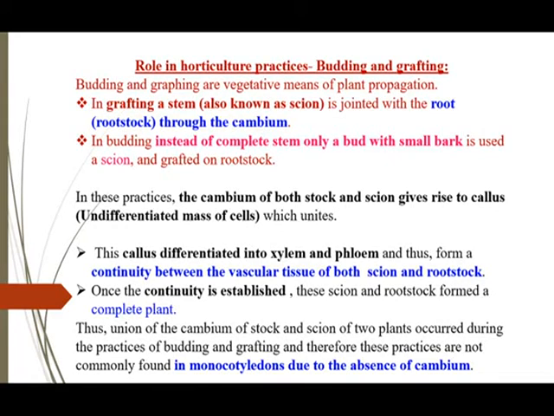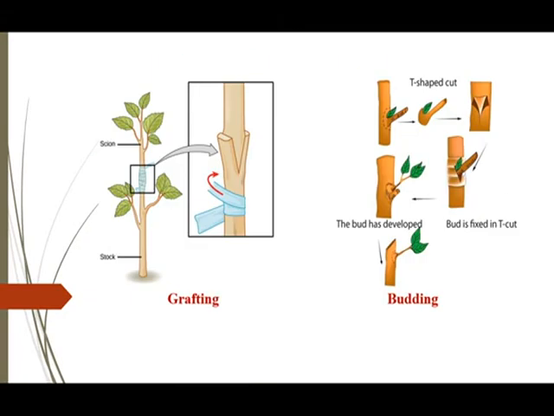This forms a continuity of vascular bundle, and once the continuity between xylem is maintained between scion and rootstock, it will behave as a complete plant. But budding and grafting is not possible in monocot plants due to the absence of cambium.